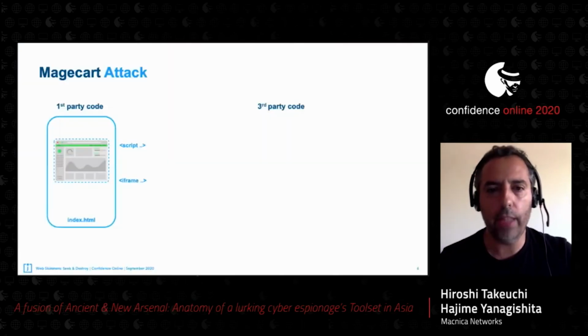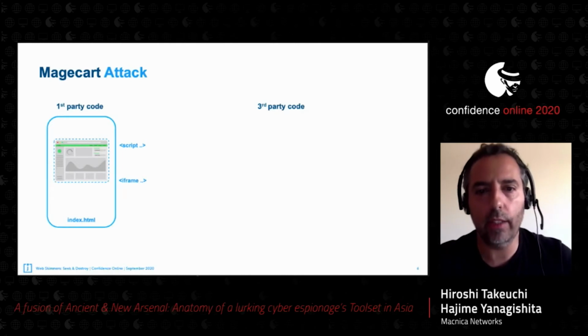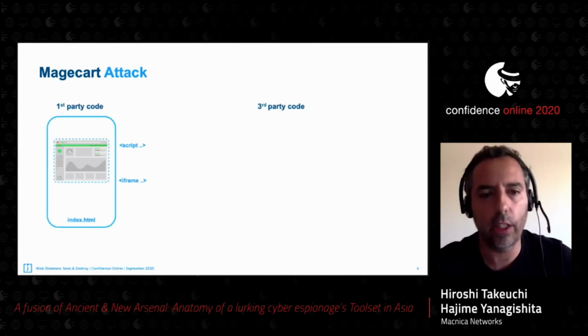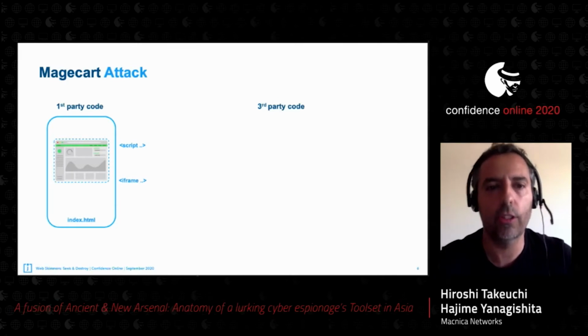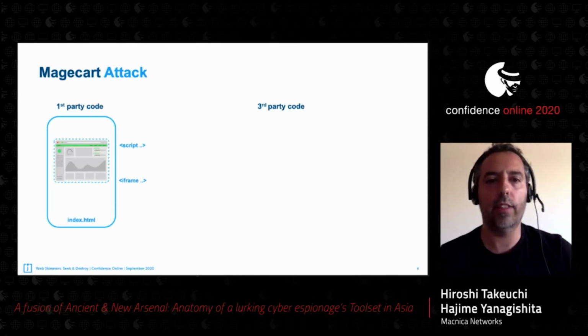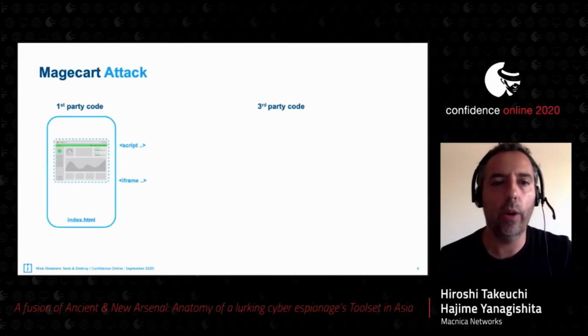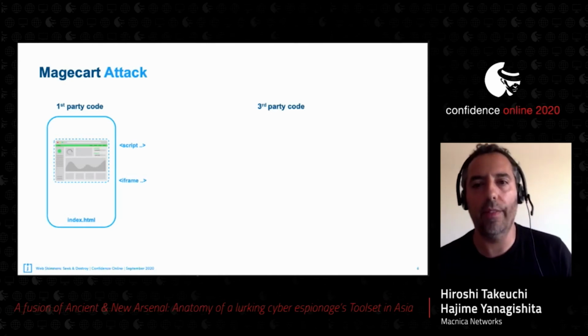So about Magecart, assuming that you are not familiar with this type of attack, I'll just start by telling you how a Magecart attack goes. It's a client-side, browser-based attack where you have first-party code and you have third-party code.